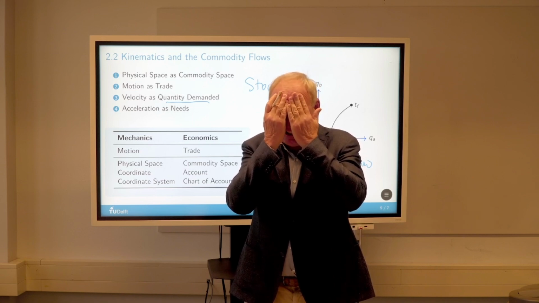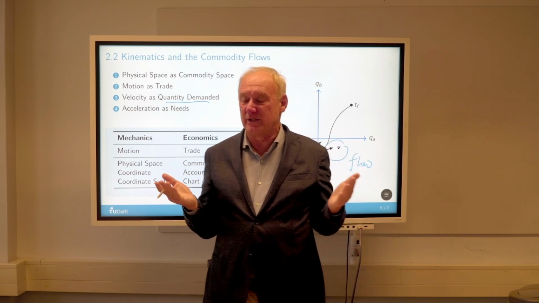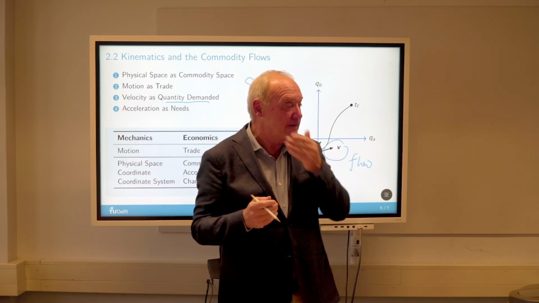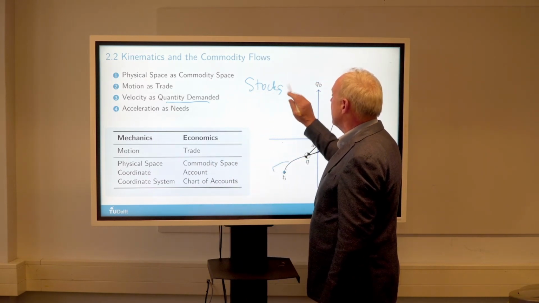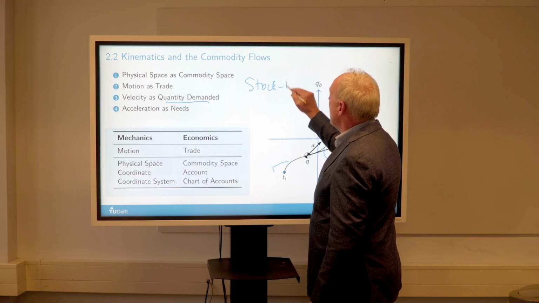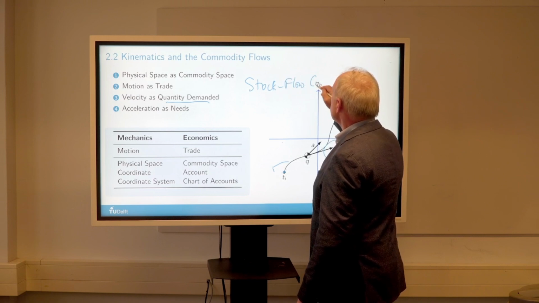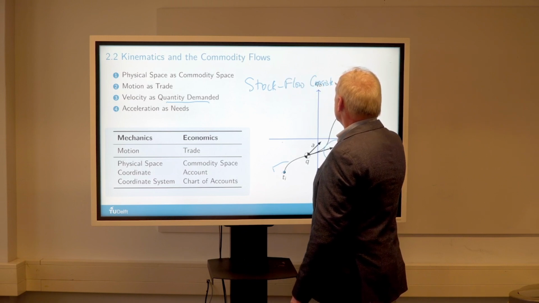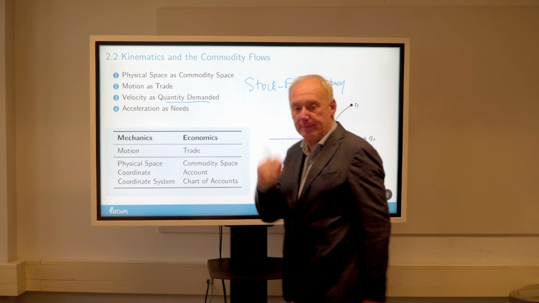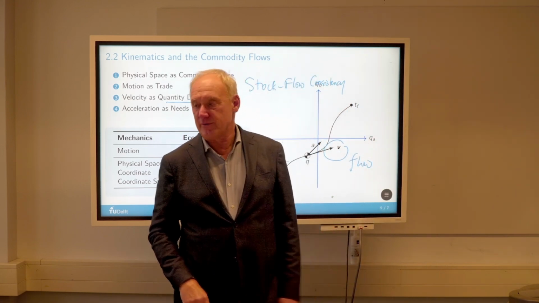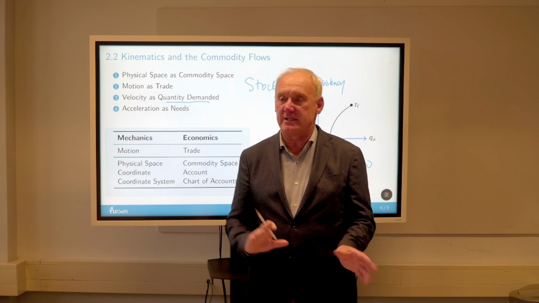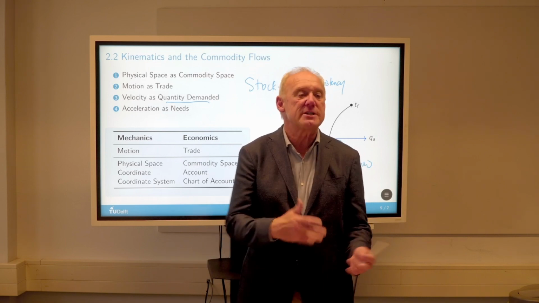If we don't build that into our models, then we'll have stuff coming out of nowhere. And then recently they came up with something they call stock flow consistency. You can look it up, and there'll be big Wikipedia articles on the condition of stock flow consistency, and that these things have to be consistent with one another.